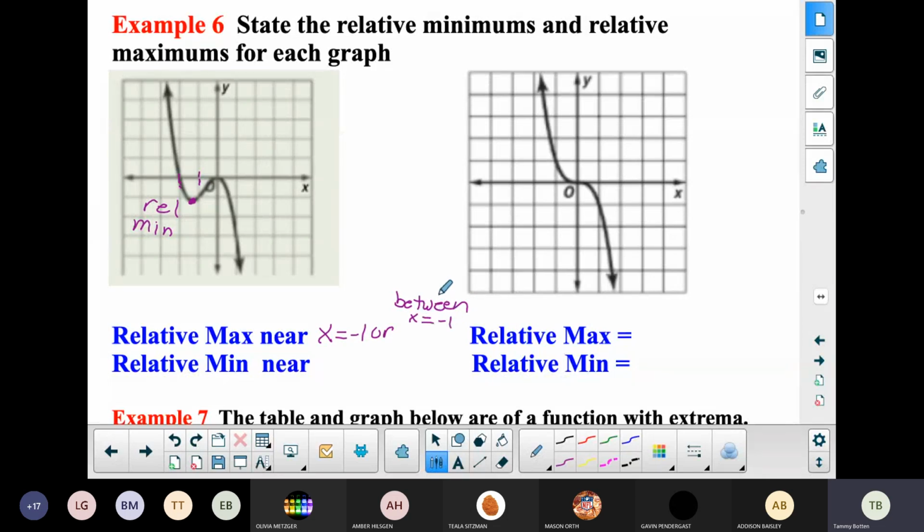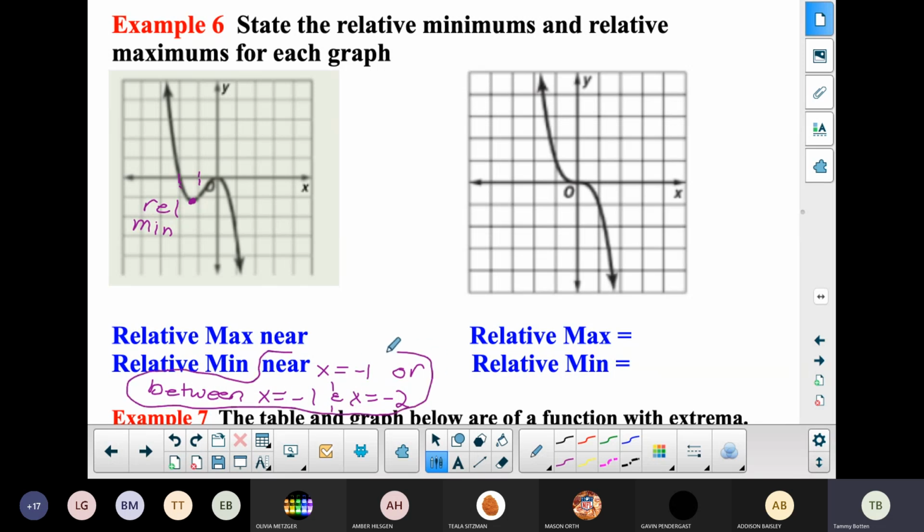Oh, and I'm writing this in the wrong spot. Sorry, I'm writing it as a maximum instead of a minimum. So I just put this in the wrong spot, sorry. Either of those would be acceptable to me, okay?